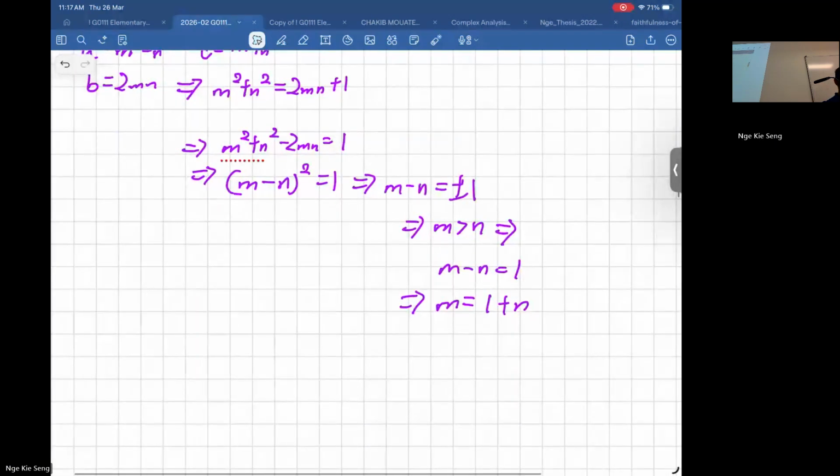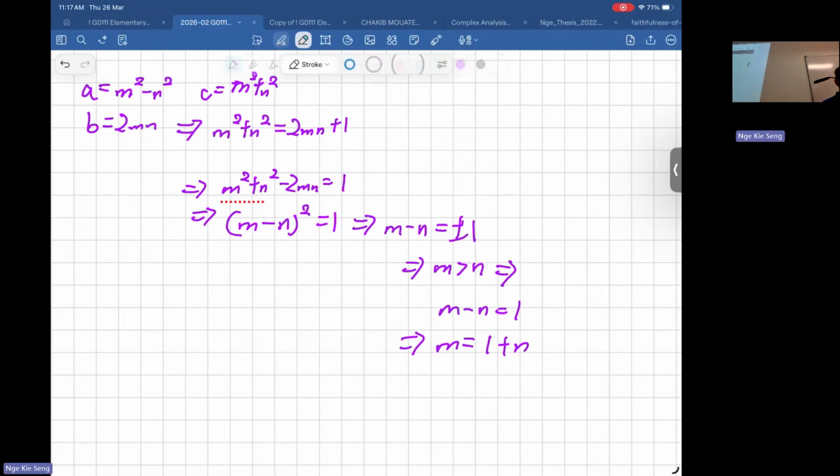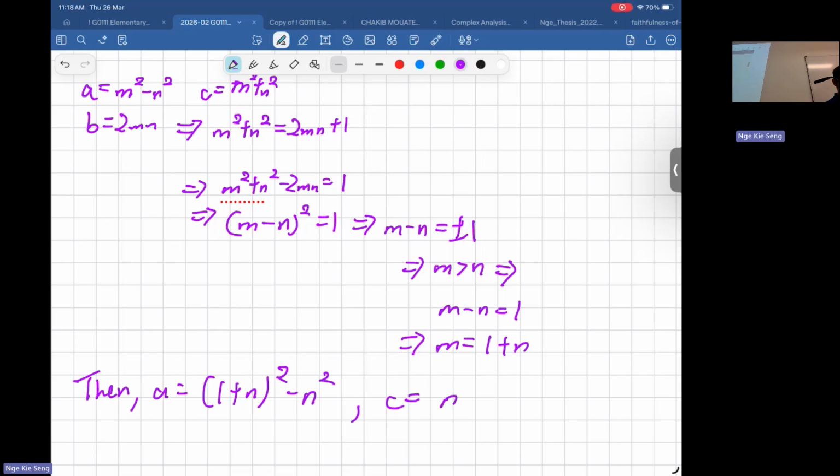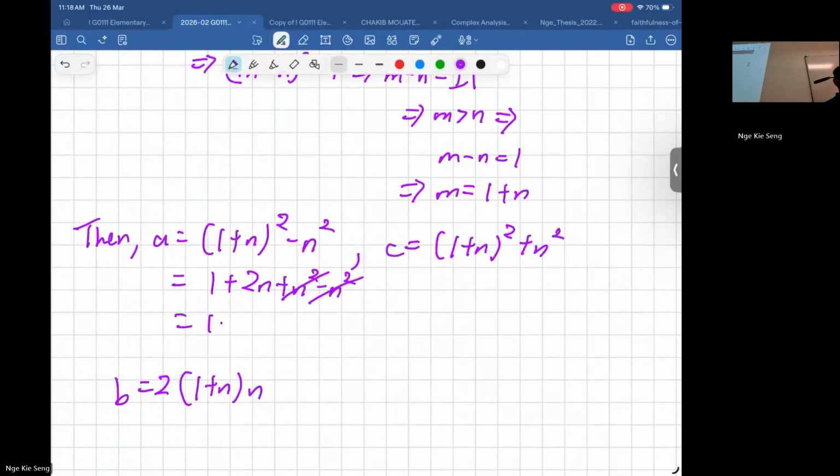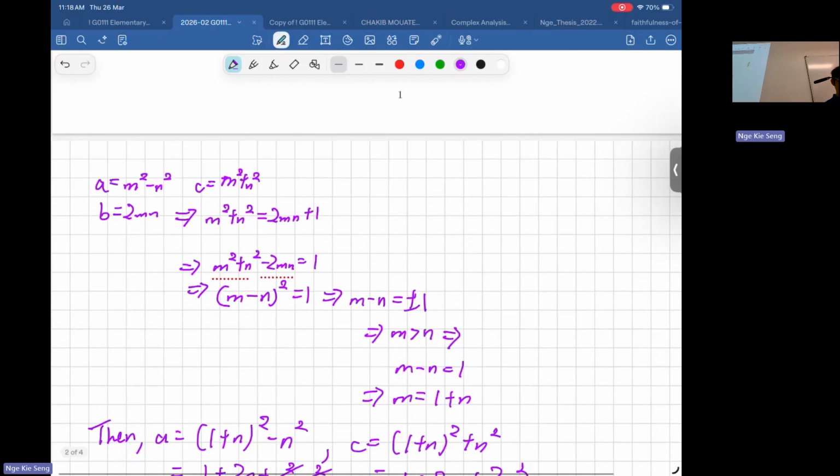Then a is 2n plus 1, b is 2n squared plus 2n, and c is 2n squared plus 2n plus 1. Then how to make sure this GCD is one?